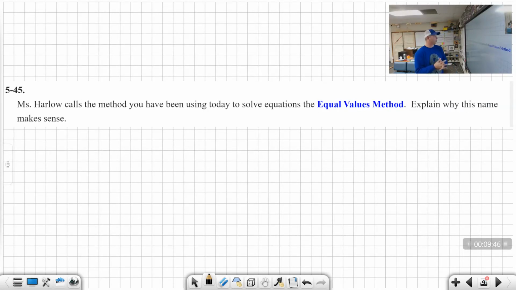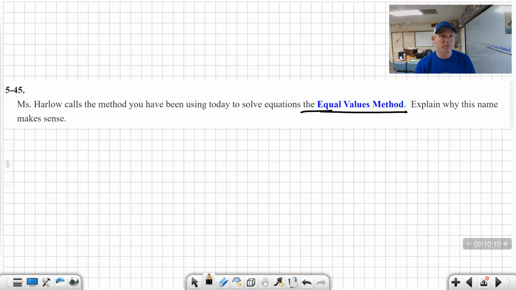5-45. Ms. Harlow calls the method you have been using today to solve equations the equal values method. Explain why this name makes sense. We're just going to write down what the equal values method is. Okay? The equal values method, you're writing this right now, 5-45.